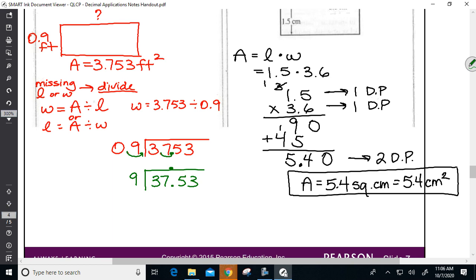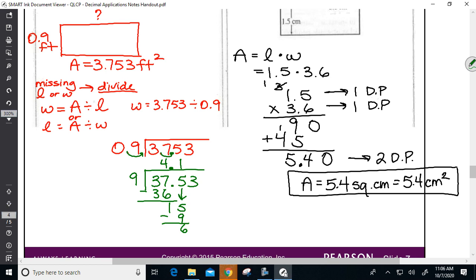Let's go ahead and knock this out. 9 can't go into 3. How many times is 9 going into 37? 4 times. 4 times 9, 36. 37 minus 36 is 1. Bring down the 5. How many times is 9 going into 15? 1 time. 1 times 9 is 9.